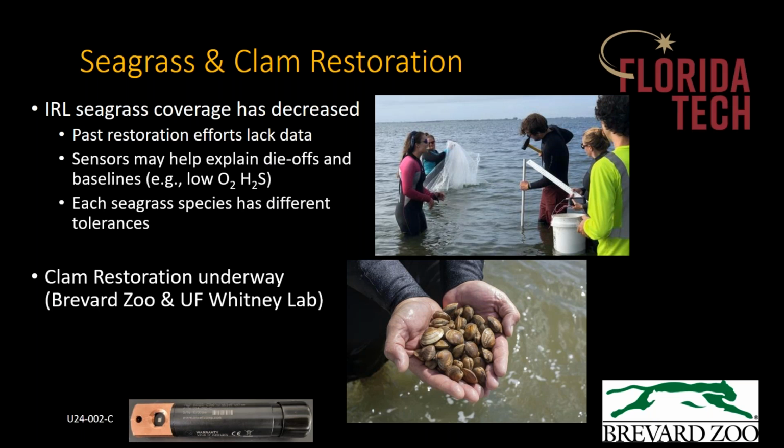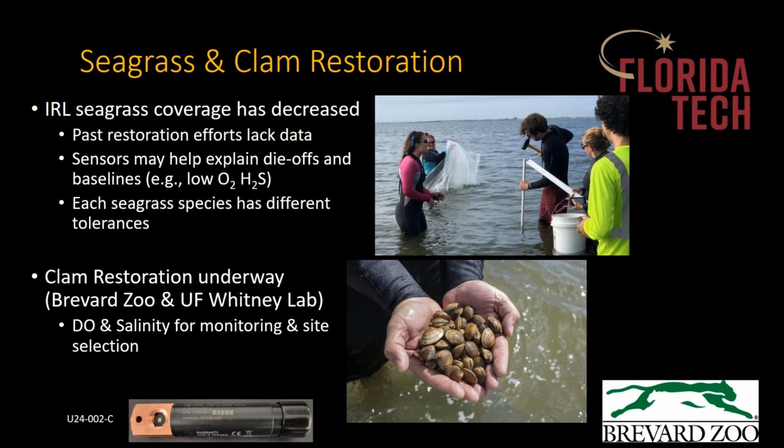So much like oysters, clams and seagrass lack those kind of baselines, and they have different tolerances, and there's little insight into what conditions they can actually tolerate in the IRL. Seagrass coverage, as Austin said, has decreased, and past restoration efforts even lack those baselines to explain die-offs.